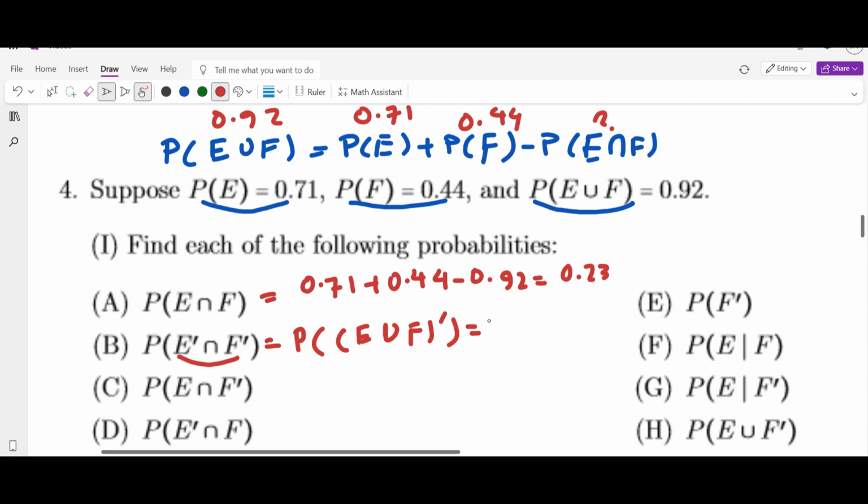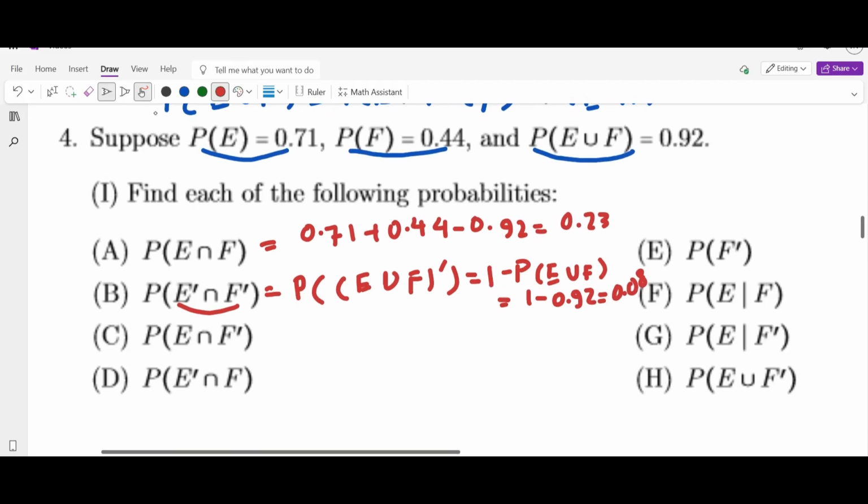And that is basically 1 minus the probability of the union, or 1 minus 0.92, equal to 0.08.